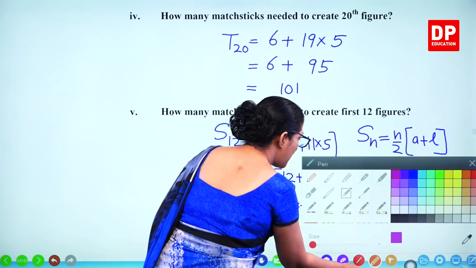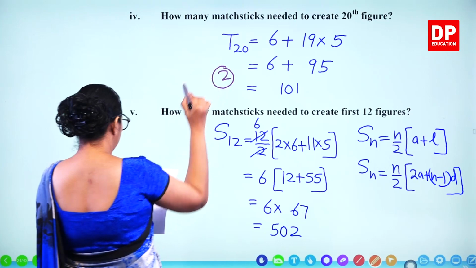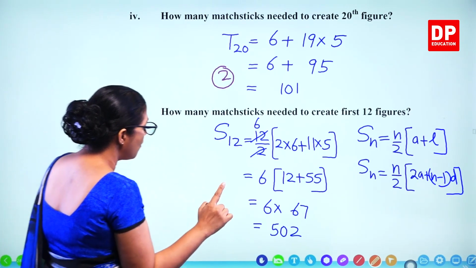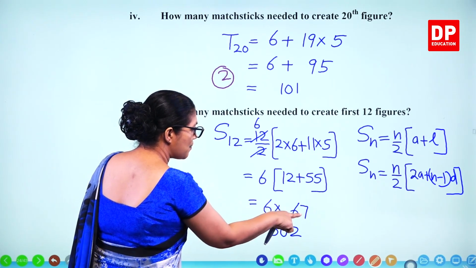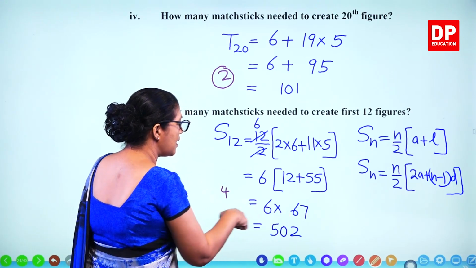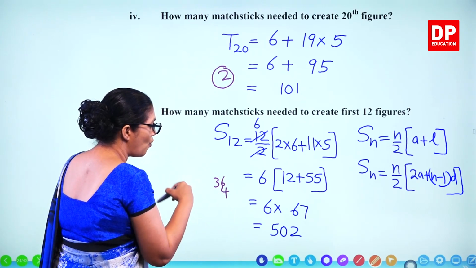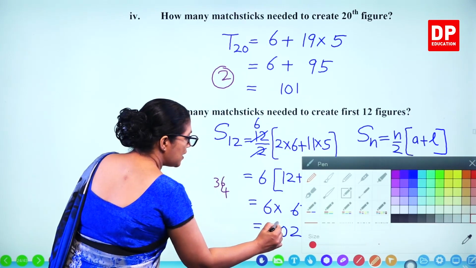So how many marks are there? 2 marks here. And here you get 402. Just look at the multiplication. 6 times 7, 42. 4 remaining. 6 times 6, 36, plus 4, that's 40, not 50.